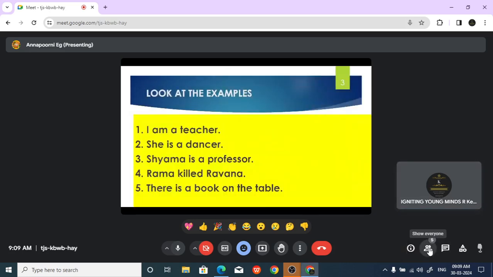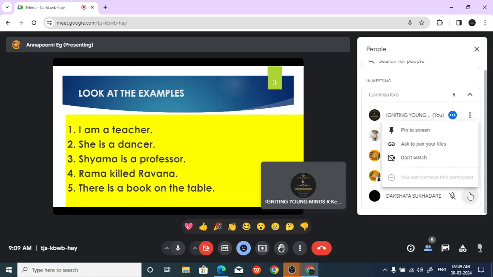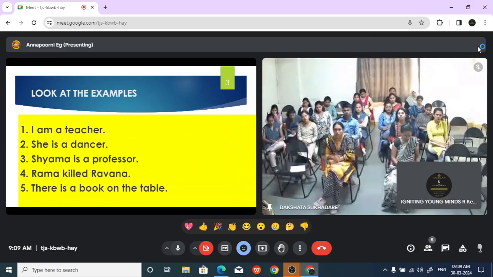So here you can see there are some examples for sentences. You can just read it in your mind. I am a teacher. She is a dancer. Shyama is a professor. Rama killed Ravana. There is a book on the table. So here you can see that in all the sentences there is a subject.